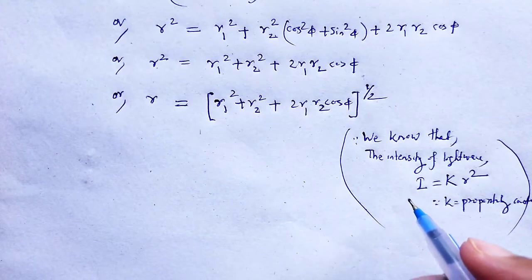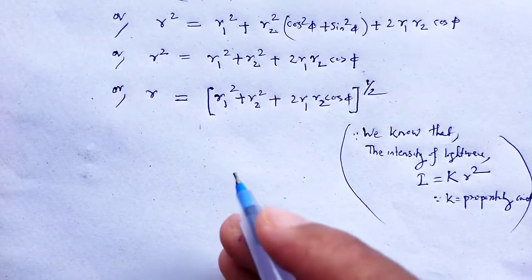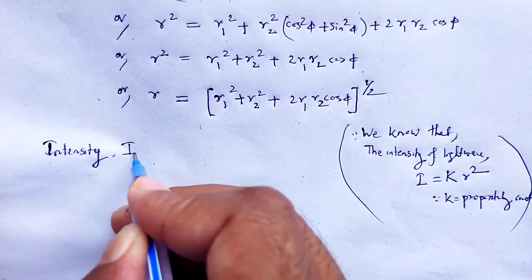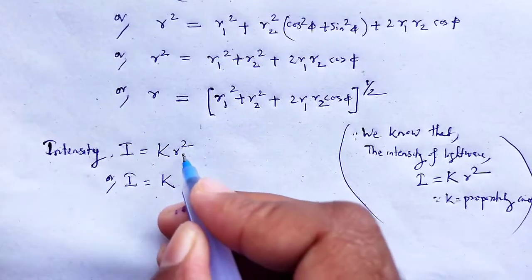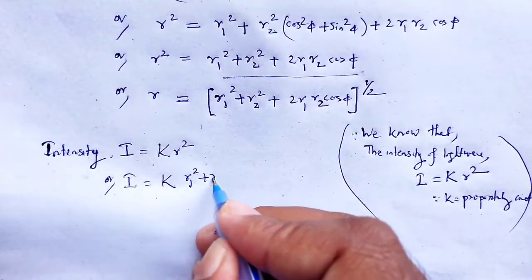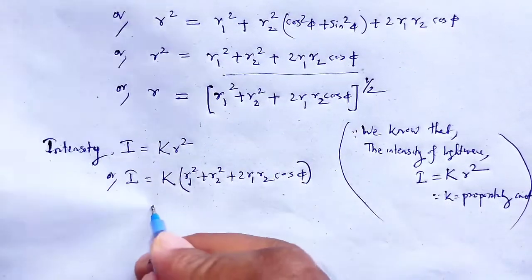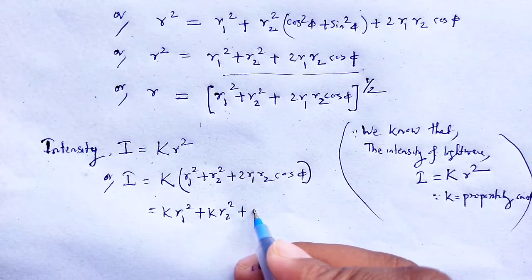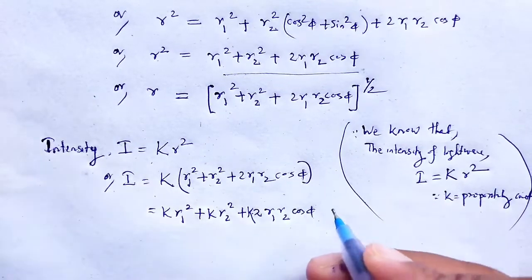Let me use that concept here. The intensity I is equal to k r square, so in place of r square we put all these values: k r1 square plus k r2 square plus 2 r1 r2 k cos phi.